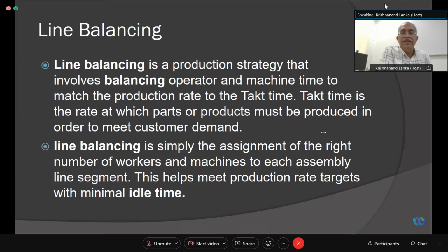Line balancing is a production strategy that involves balancing operator and machine time to match the production rate to the takt time.